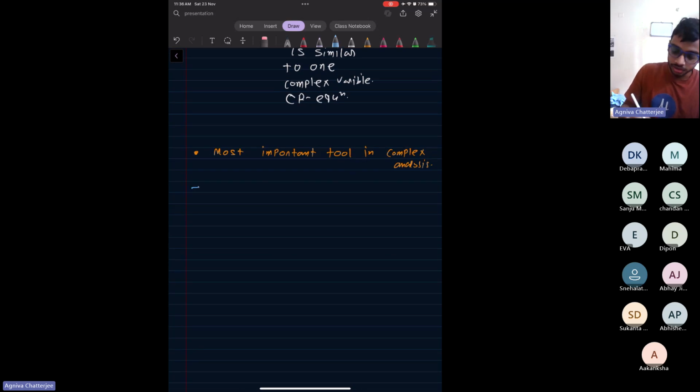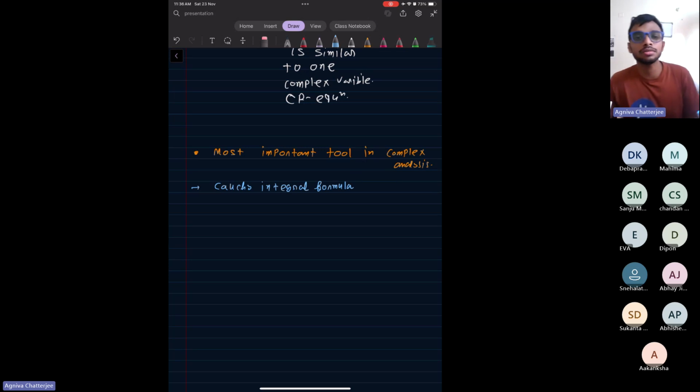So this is the Cauchy integral formula. If you go back to complex analysis and look at the theorems, you will see that almost every theorem has the Cauchy integral formula appearing in some form.